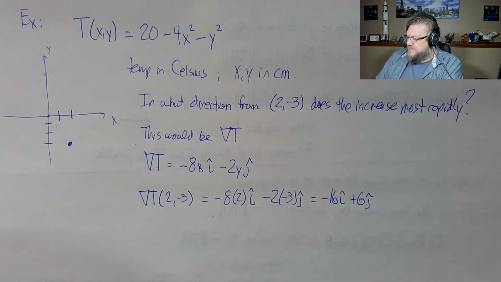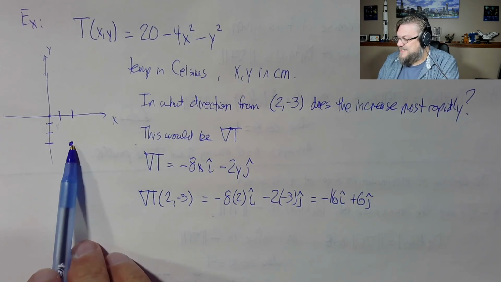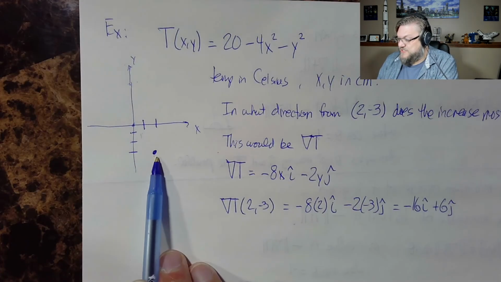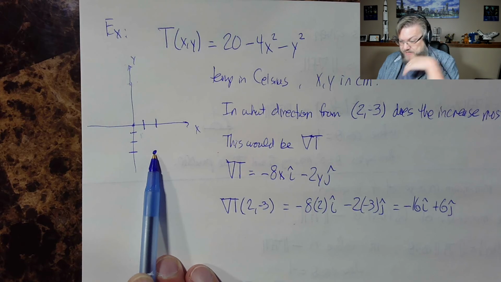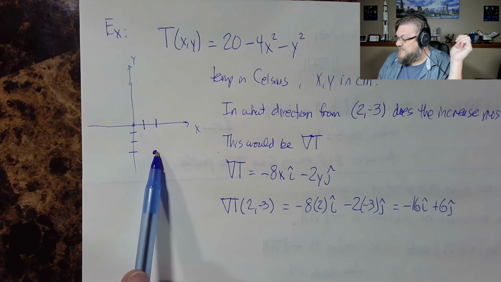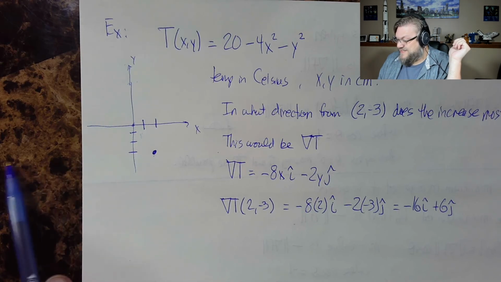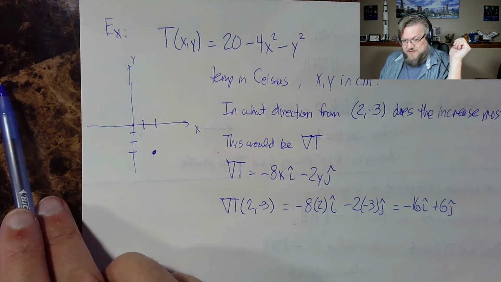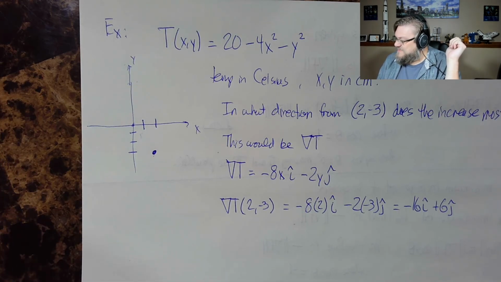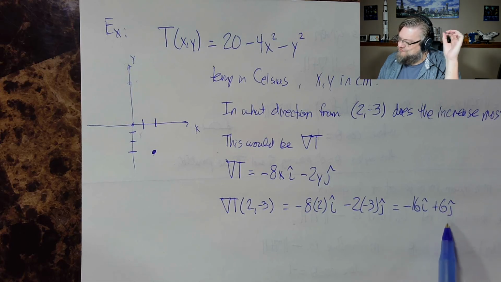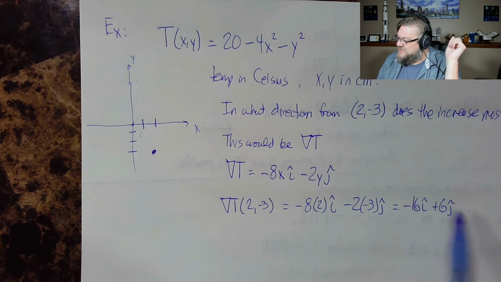Okay. So what this actually tells me here is that I should walk in this direction. This is going to be off screen a little bit here, but I would have to go 16 units here to go there like that, and then up 6 units. I could divide by a certain number here.